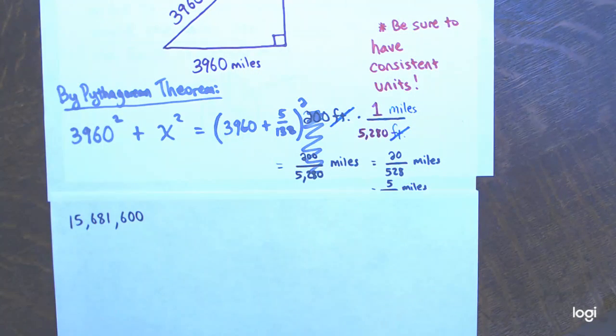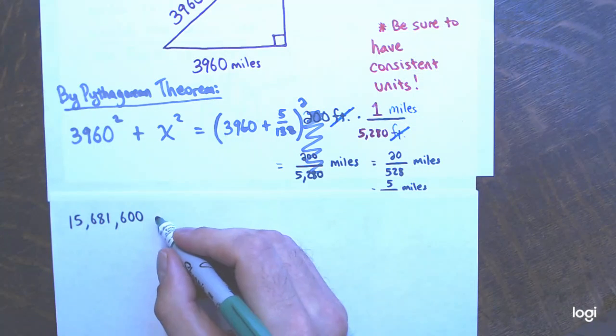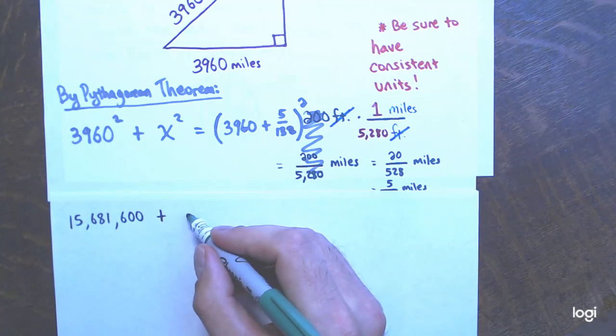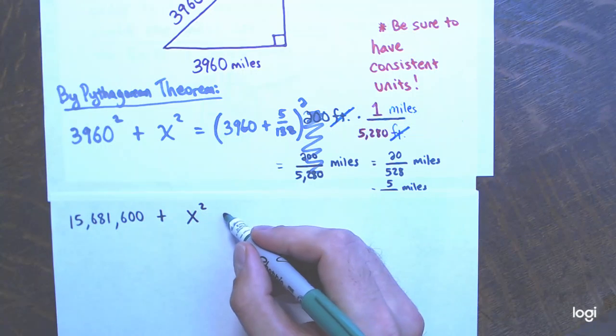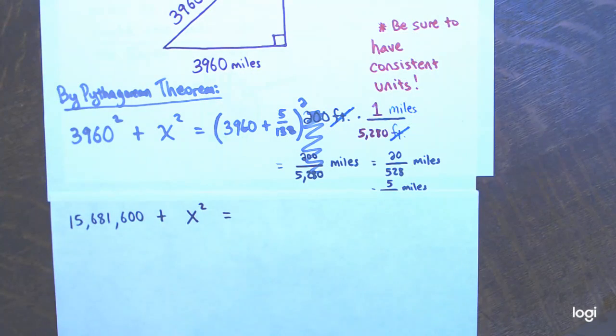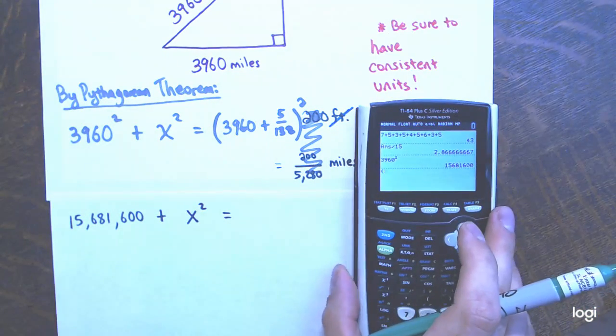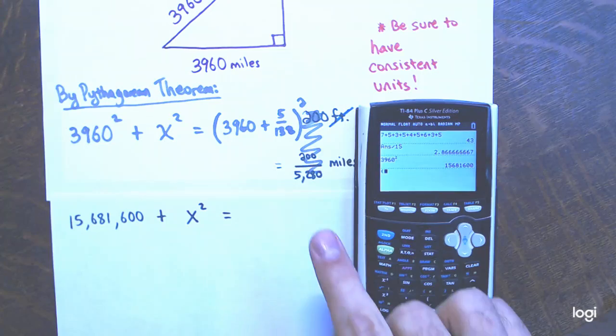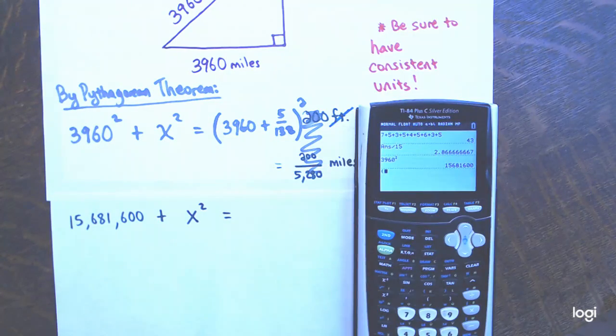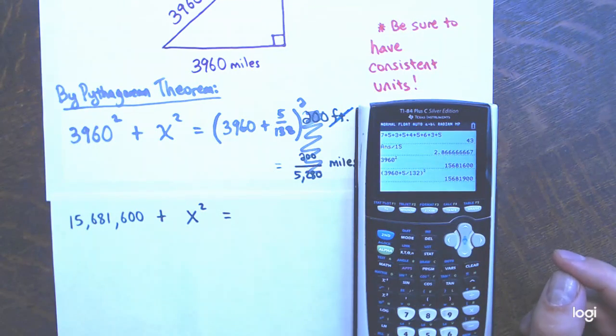That's 3,960 squared. Plus x squared equals, then again I'm just going to go to a calculator, and in parentheses, I'll put what I'm doing here. In parentheses, the length of the hypotenuse was 3,960 plus 5 over 132, and then we're taking that quantity and squaring it.